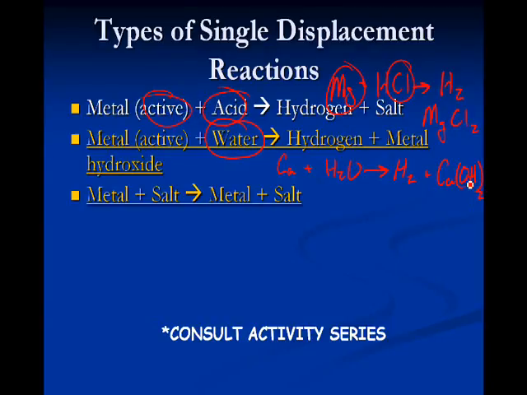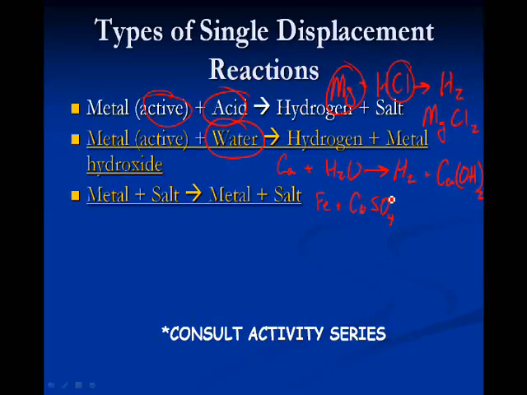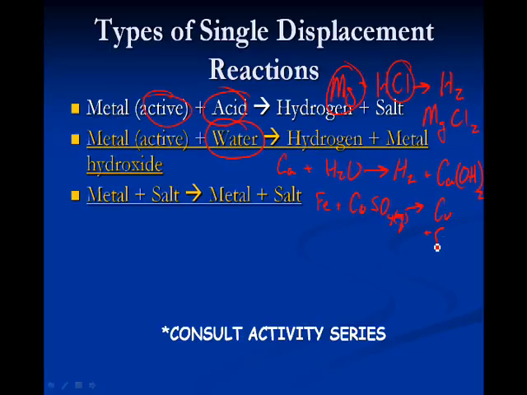If you have a metal and a salt, you may get a metal and a salt. So this might be something like iron and aqueous copper sulfate, and this is going to occur in solution, and we would get copper and iron sulfate.